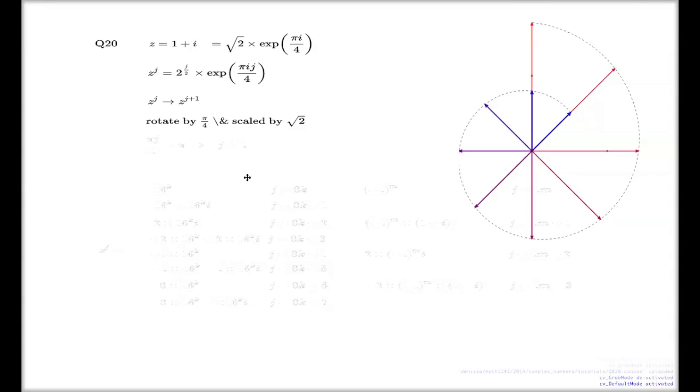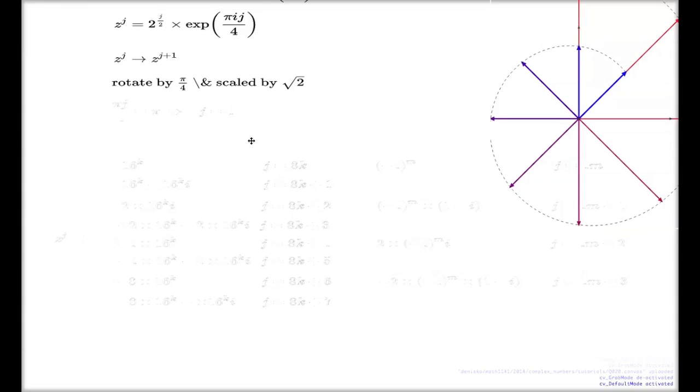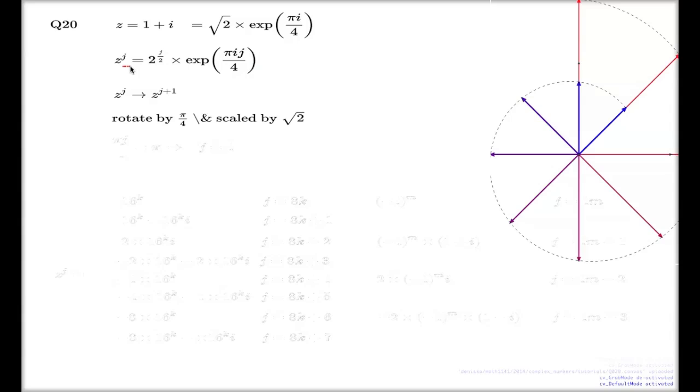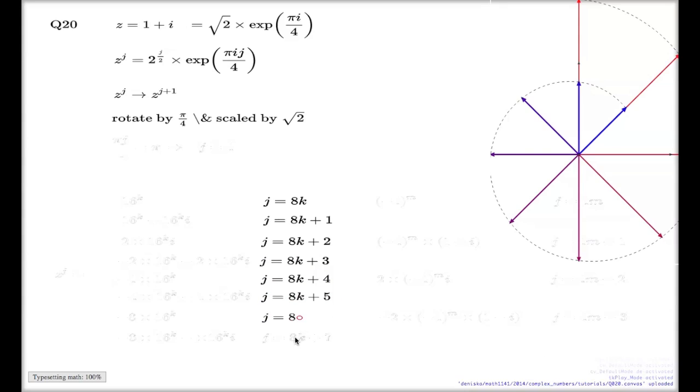So what I'm saying here is this. I have to look at the subsequences of my j of the type like this. All of them which are multiple of 8, all of them which are multiple of 8 plus 1, all of them which are multiple of 8 plus 2. There will be 8 different subgroups of my j indices, and for each of them the result will look different. Here are all of them: 8k plus 3, 8k plus 4, 5, 6, and the last one is 7.